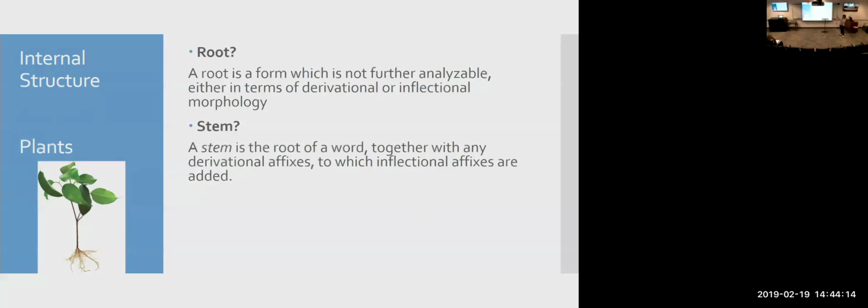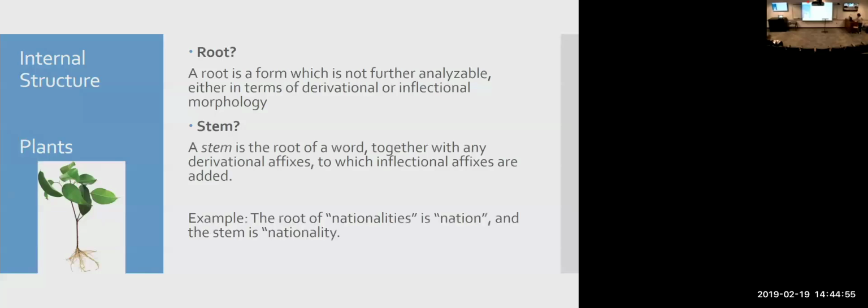Judging from the two definitions, which is the bigger unit? The stem. Why? Because the stem consists of not only the root, but also some derivational affixes. But the root you cannot further analyze into derivational or inflectional parts. It's just the root. So the stem is a bigger unit.